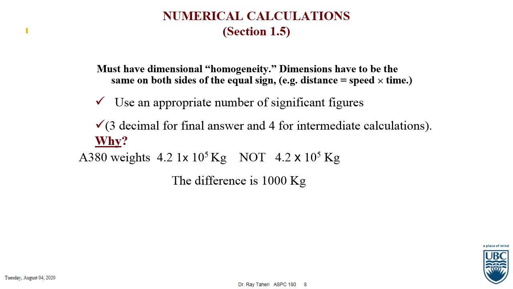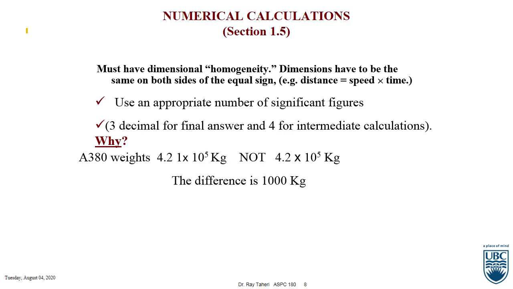But let's get back to the point. The weight of this gigantic airplane is 4.21 times 10 to the power 5 kilograms. So this is huge. It's 4.21 times 10 to the power 2 tons. It's 421 tons of steel. Why do we not round this to two significant figures?